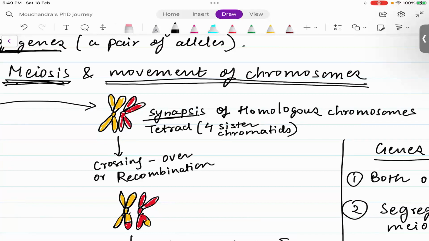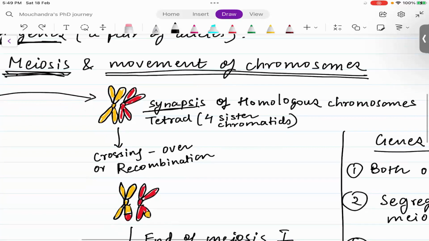Here, this structure is now called a tetrad because it has four sister chromatids: one, two, three, four. This is one sister chromatid, and this is another sister chromatid. Sister chromatids are joined together at the center by the centromere.